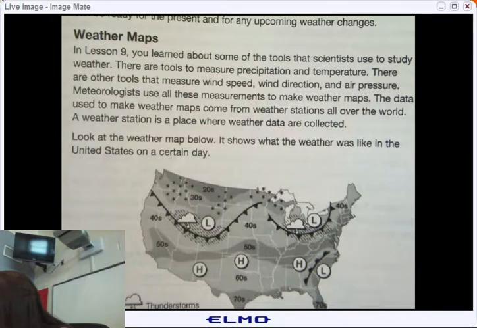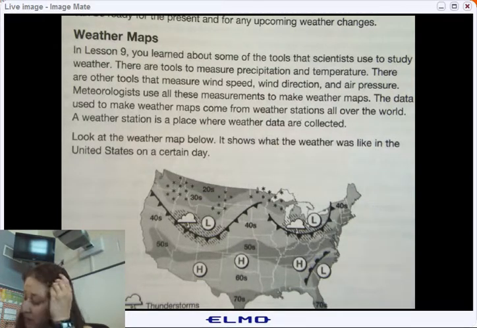Studying a weather map can help scientists make blank about how the weather is likely to change. This one, I think, is prediction. So I had it right, just at the wrong spot. Predictions on how the weather is going to change.